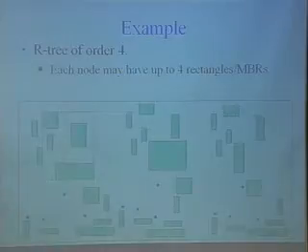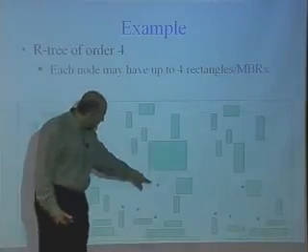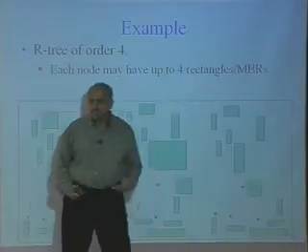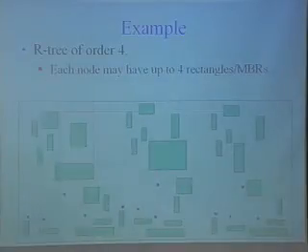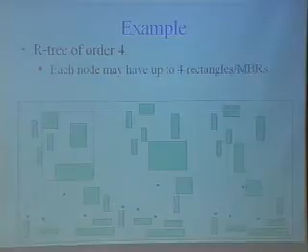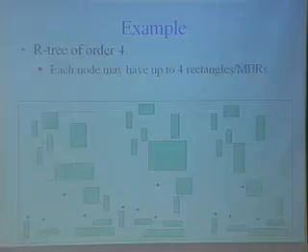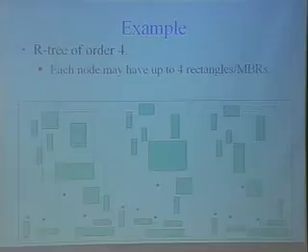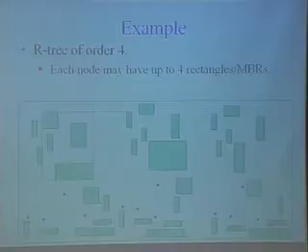Or you could take this rectangle, this point, and that rectangle and put them all into a leaf. So the structure really doesn't place any constraint on how you select the rectangles that go into a data node. It's legitimate to take any subset of your rectangles so long as you don't take more than M. And of course you've got to have at least M over 2 unless you happen to be the root.